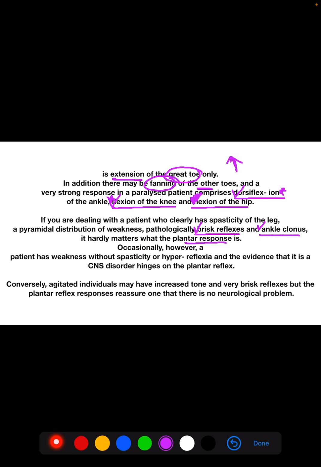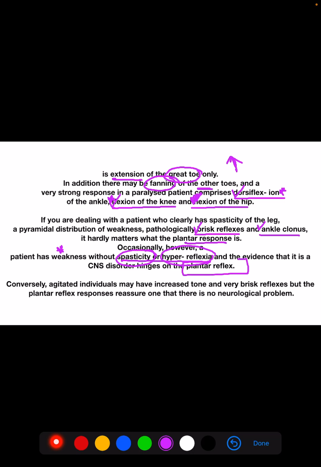But occasionally a patient has weakness without spasticity or hyperreflexia. To say whether this patient has an upper motor neuron lesion, it then hinges on the plantar reflex.